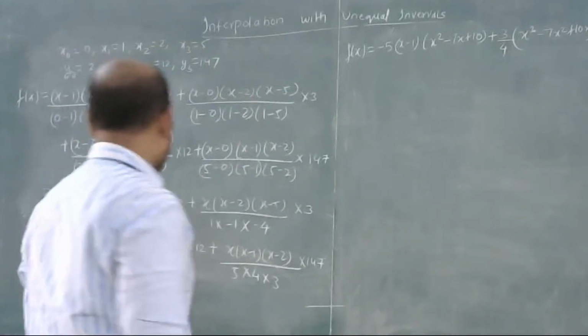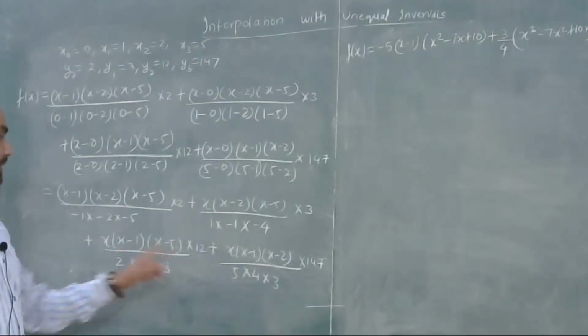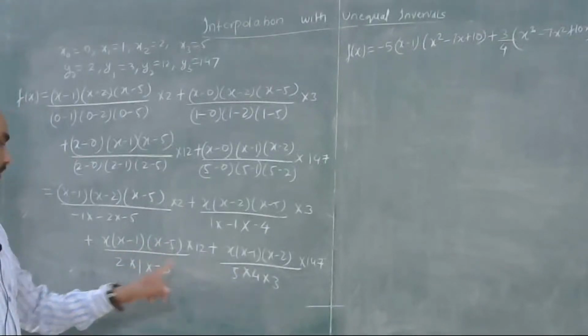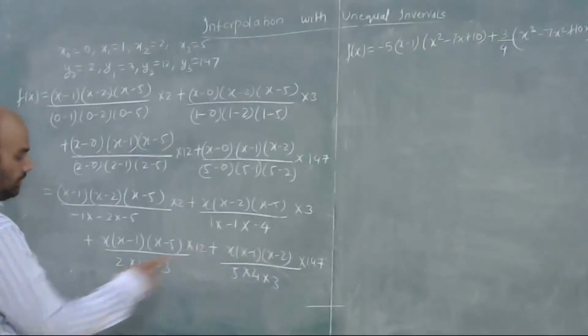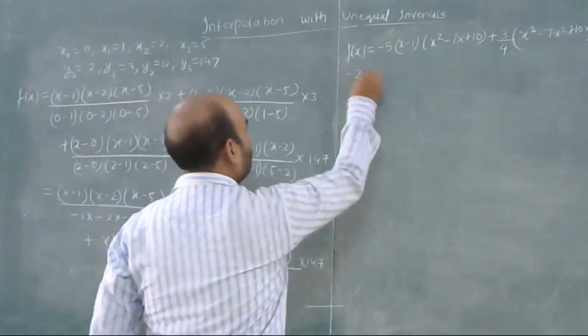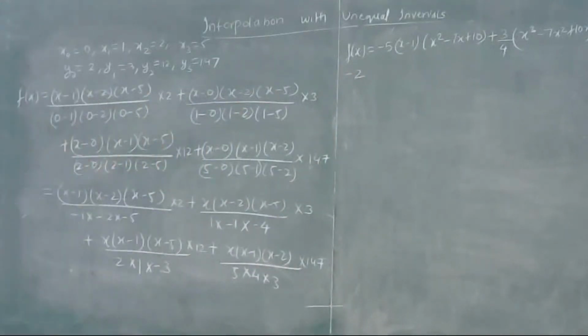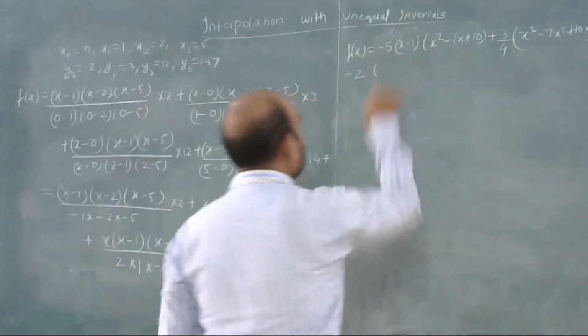Okay. Then this is x square minus 6x plus 5. And here it is 12 and only minus, so this is 6. So you will get minus 2.